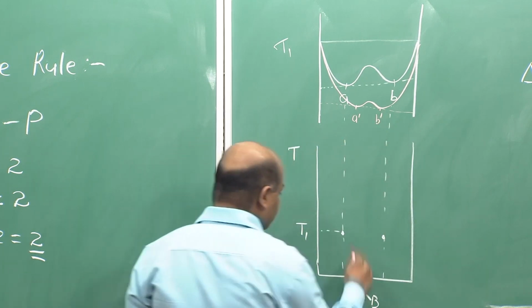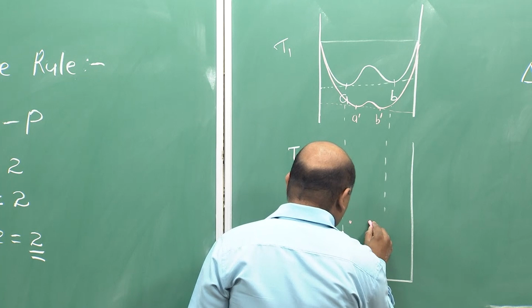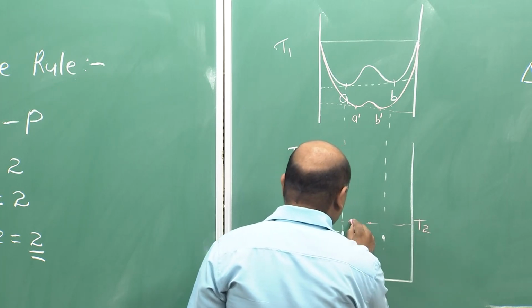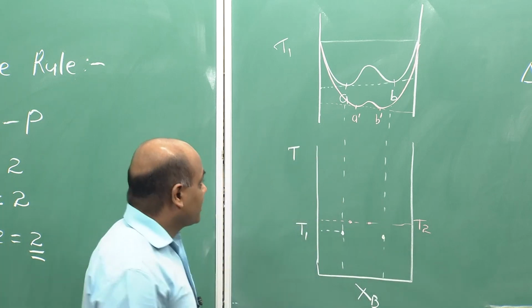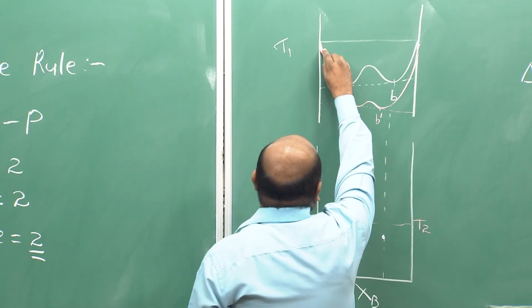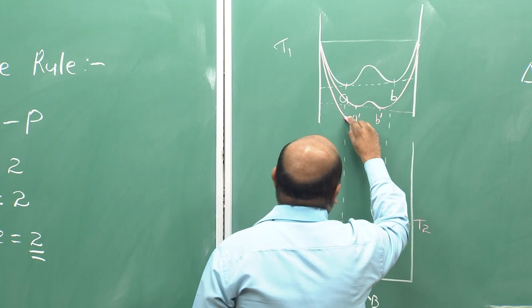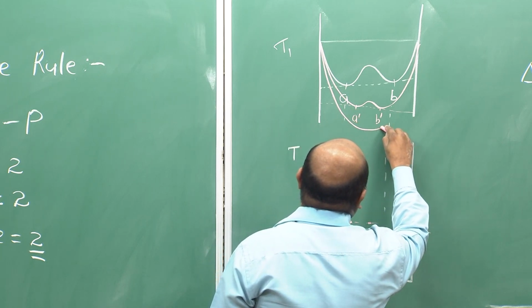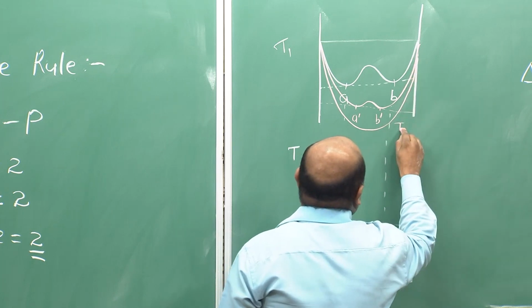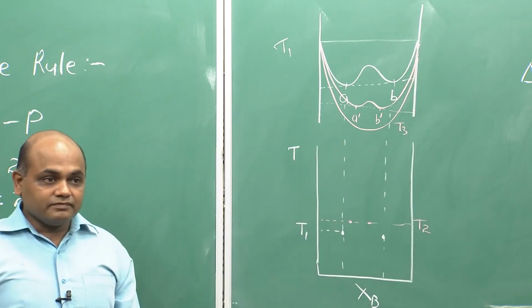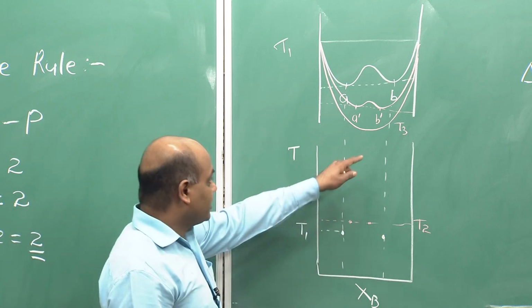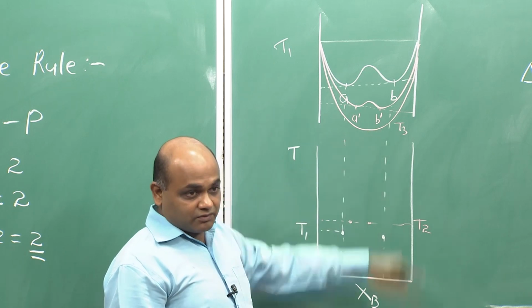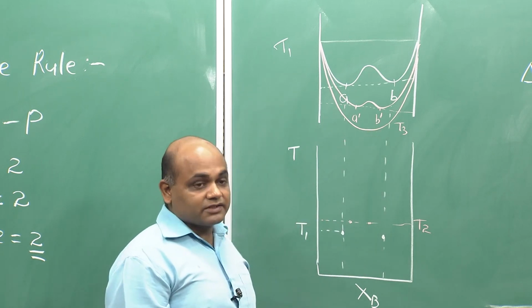So, at a little higher temperature, let us say at T2, plot this. So, if I keep increasing the temperature, at some point this negative curvature will vanish, right. During the transition at some temperature T3, the curvature will become 0 at this point, and that is called the critical point.